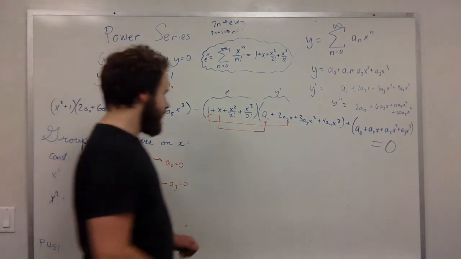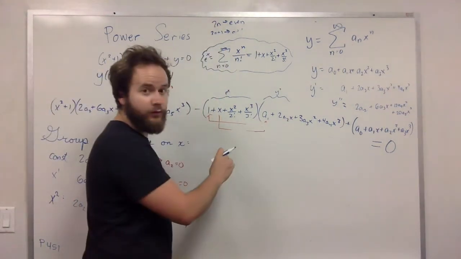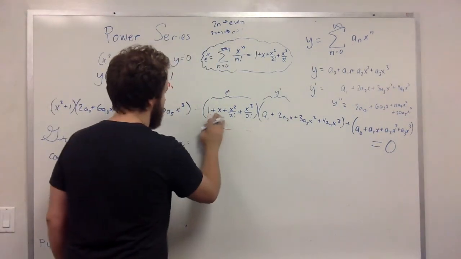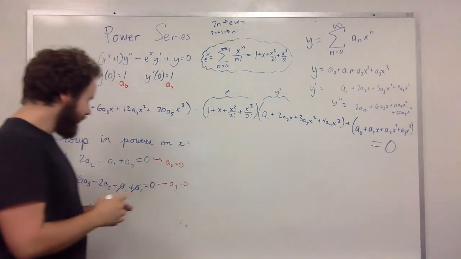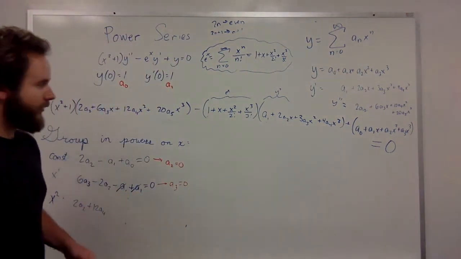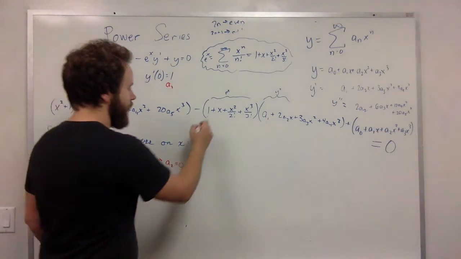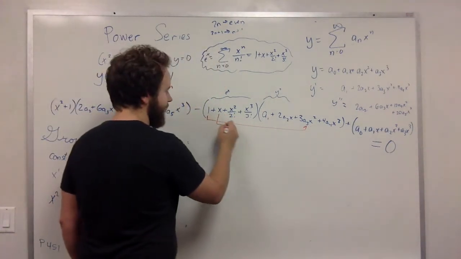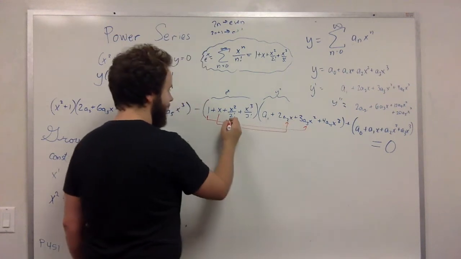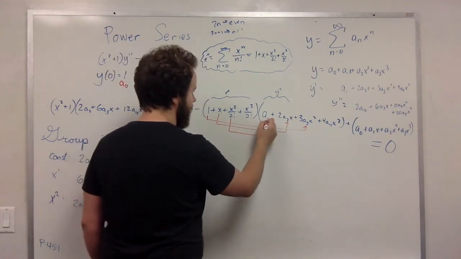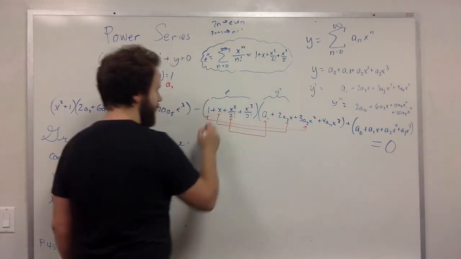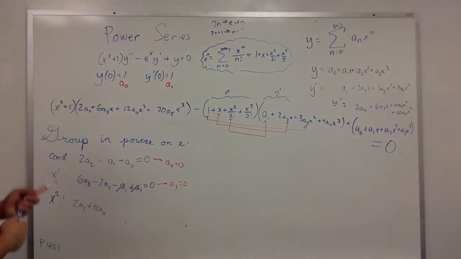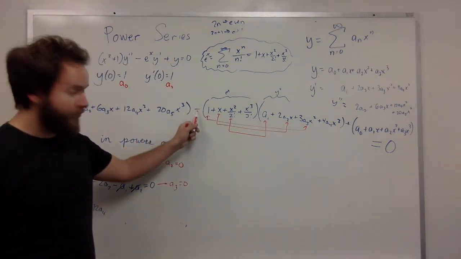What about x squareds over here? There's again a multitude of ways that we can get x squared out of this guy. We can get the 1 times the 3a3. We can get the x times the 2a2x. And we can get the x squared over 2 factorial times the a1. Cool? So let's write out the multitude of ways that can happen. And again, remember, there's a minus sign here.